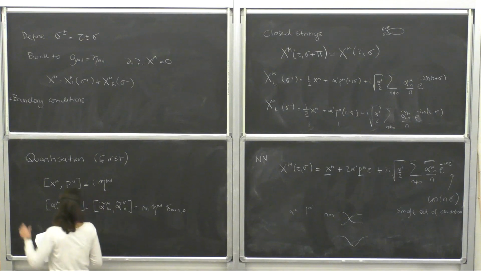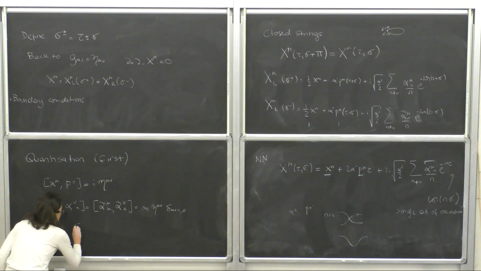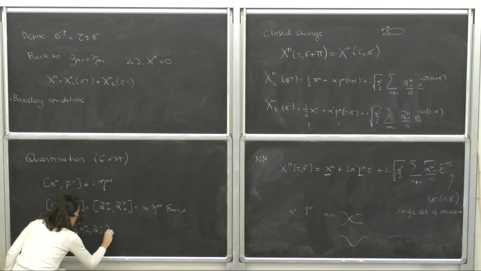So the only ones that have a non-trivial commutator are alpha m with alpha minus m. The others just commute. And then alpha with alpha tilde commute. Alpha mu m, alpha tilde nu n, this is equal to 0.